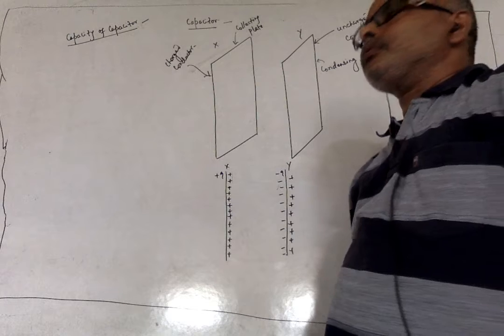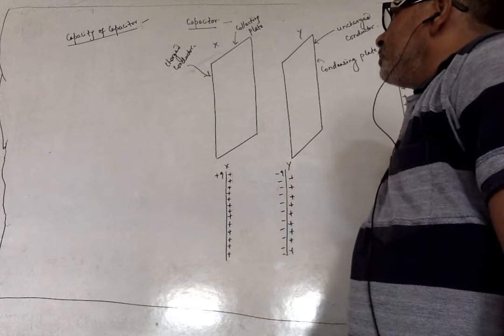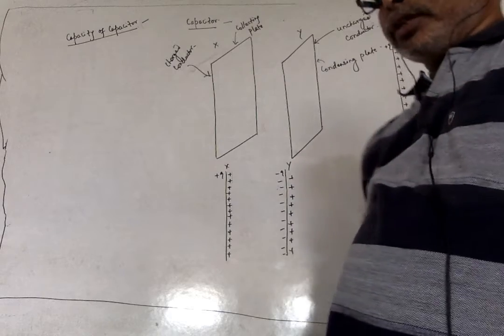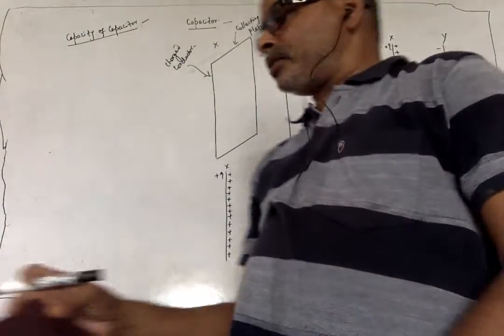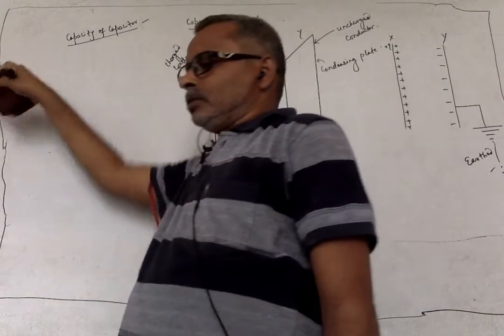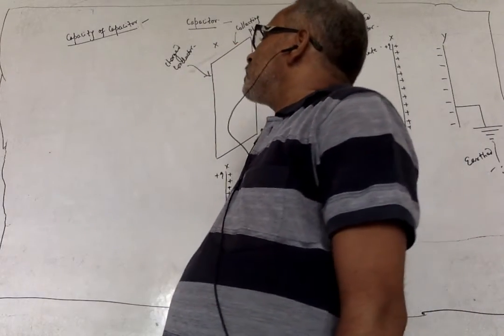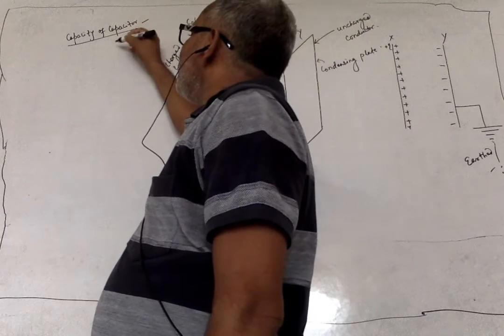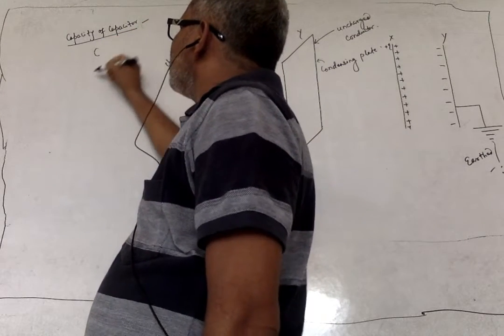The amount of charge given to the collecting plate due to which the potential difference between the plates increases by unity is called the capacity of the capacitor. It is generally denoted by C.